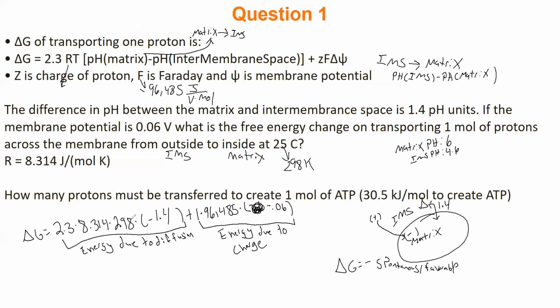And so this first part is the energy due to diffusion. And we're going from high concentration in the inner membrane space to low concentration in the matrix. So that's a favorable reaction. You should get a negative value for the first part of the equation. However, when I originally wrote it, I saw that we were going to get a positive value. So that means that I wrote this backwards.